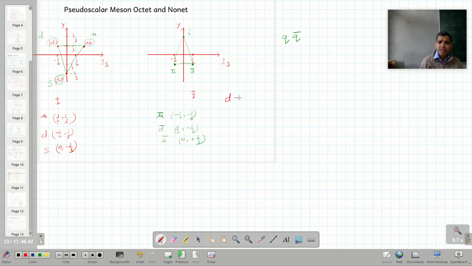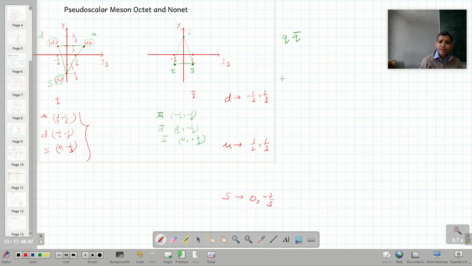D is represented by minus 1 by 2, 1 by 3, and U is represented by 1 by 2, 1 by 3, and S is represented by 0 and minus 2 by 3, right?